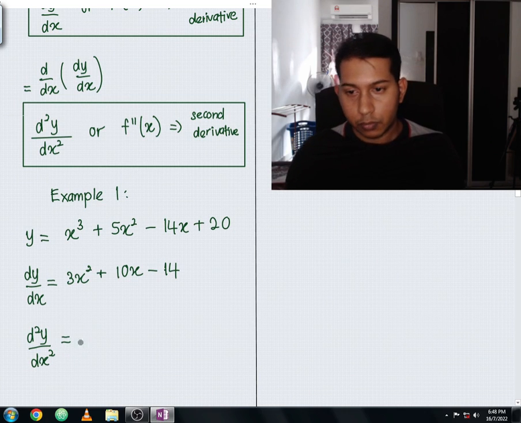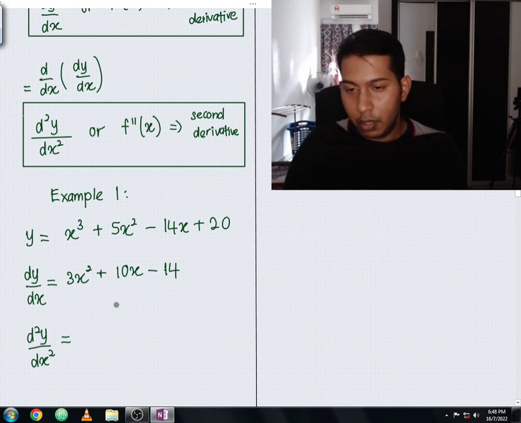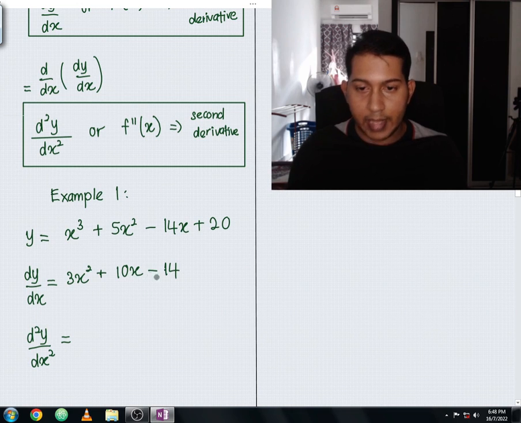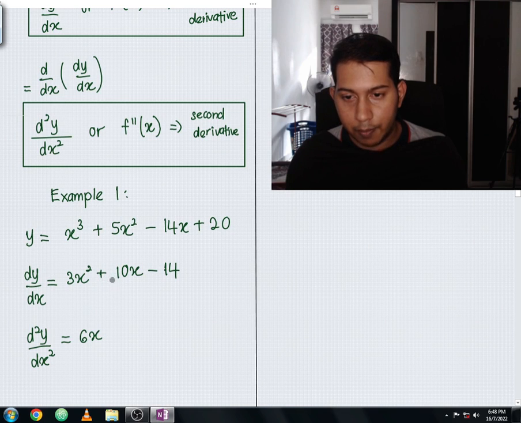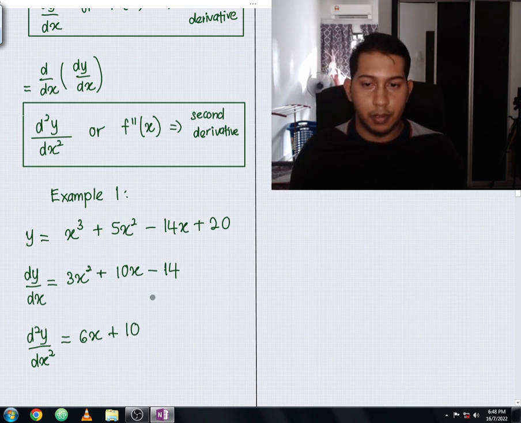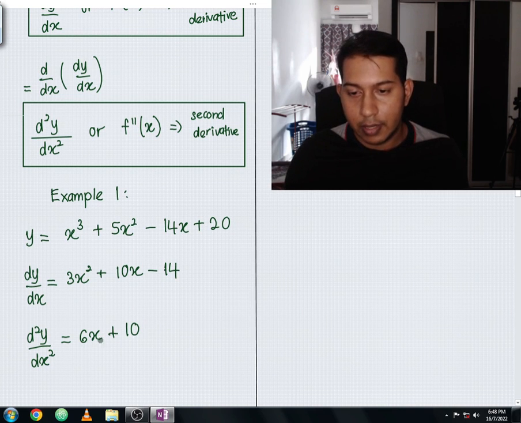When you differentiate 3x square plus 10x minus 14, it will become 6x plus 10. Negative 14, since it is a constant, becomes 0, which is negligible here. You can just write 6x plus 10, just like this.